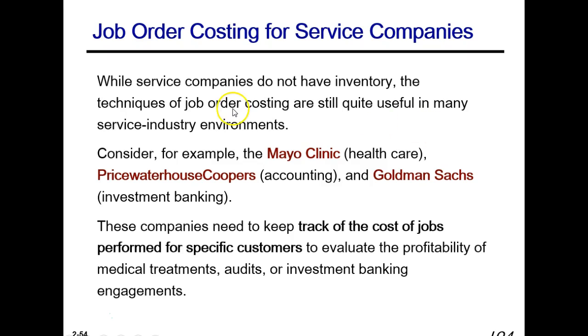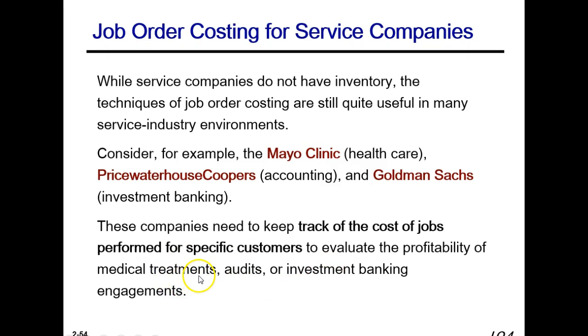So, while service companies don't necessarily have inventory, the techniques of job order costing are still useful. Mayo Clinic, Price Waterhouse, and Goldman Sachs, these companies need to track the cost of jobs performed for specific customers to evaluate the profitability of medical treatments, audits, or investment banking engagements.